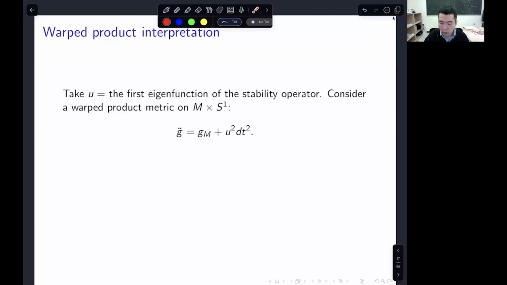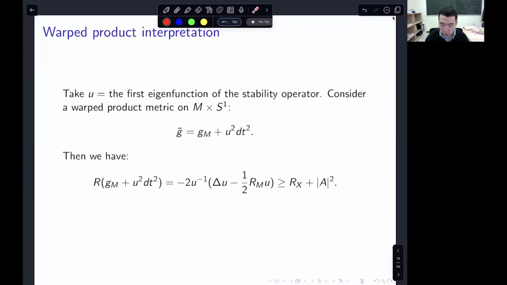Then what we can do is consider a warped product metric. We take the minimal hypersurface of codimension 1, and we take its Cartesian product with an S1 factor. On this product manifold, I take the induced metric on M plus u squared times dt squared on S1, where u is the first eigenfunction.